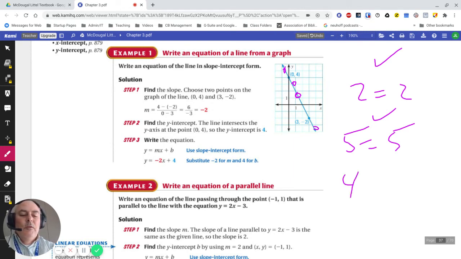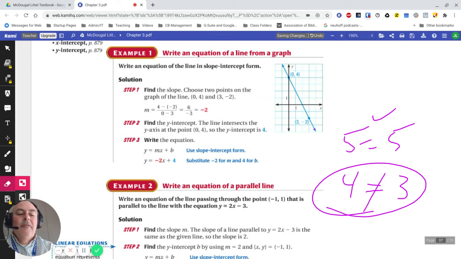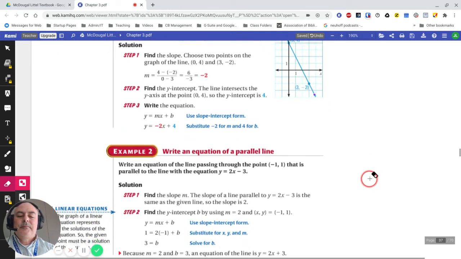I might get 4 does not equal 3. Whatever point I plug into the line that gave me that tells me that point was not on the line that I was working with. So every point on a line will solve the equation so that it works out correctly.